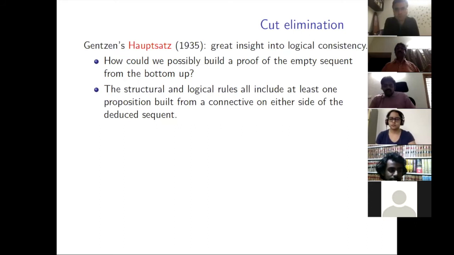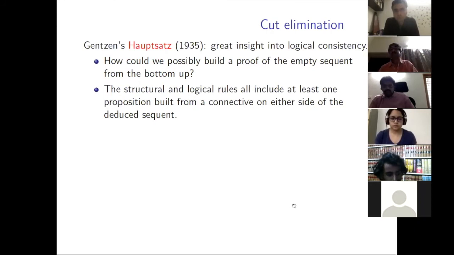So the logical and structural rules cannot give you the empty sequent. If you keep only using logical rules and structural rules, you can easily show that a proof consisting of only structural and logical rules could not derive the empty sequent. This is a routine proof by induction.